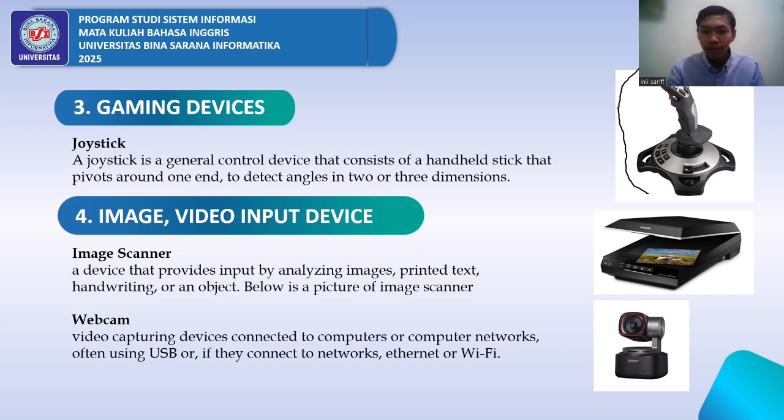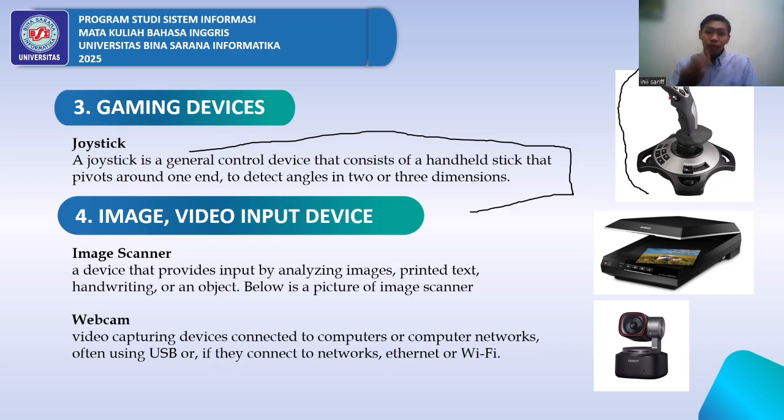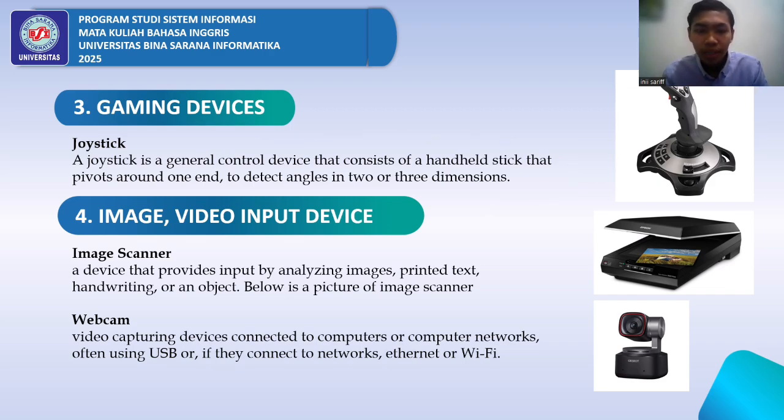A joystick is a general control device that consists of a handheld stick that pivots around one end to detect angles in two or three dimensions. And the fourth is the image and video input device. The categories of input devices are four: the first is the text input device, then the pointing device, then the gaming device, and last is the image and video input device.